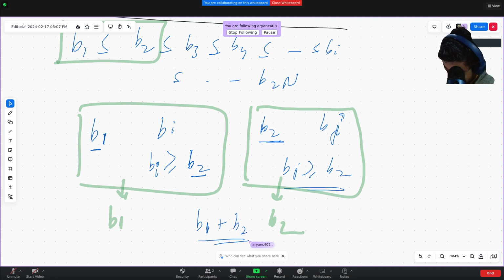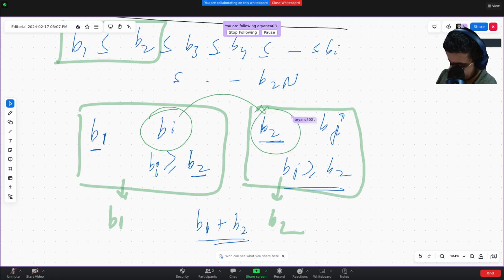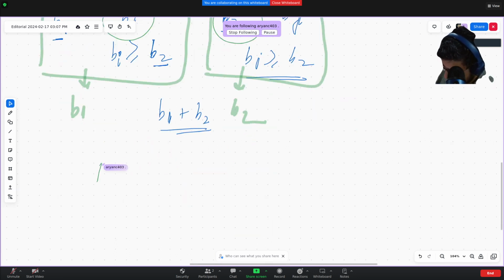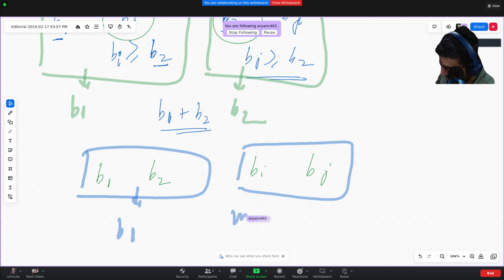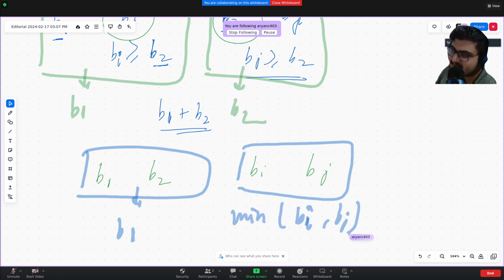Now let's do one thing. Let's see what happens if we swap bi with b2 and all the remaining pairs remain the same. Then our pairing becomes b1 paired with b2 and bi paired with bj. Here the score would be the minimum of both of them, which would be b1, as b1 is the smallest number. And here the score would be the minimum of bi and bj, and both of these numbers are at least b2.